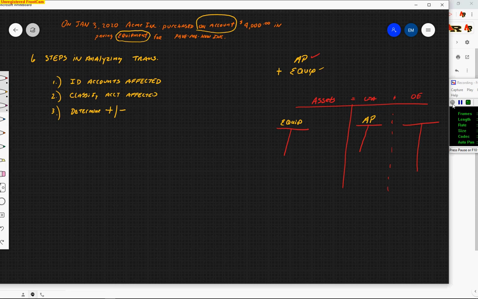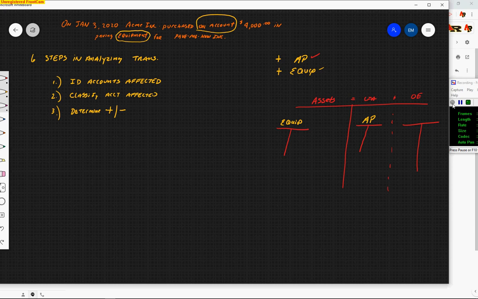And we know we have more debt because this is something we expect to pay for later, accounts payable. We expect to pay for it later. So we have more debt. Well, that seems interesting. Okay, so we have more equipment and more debt.